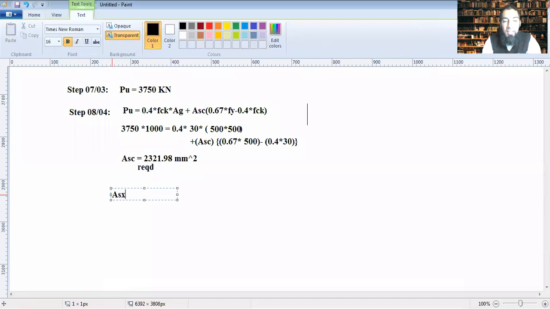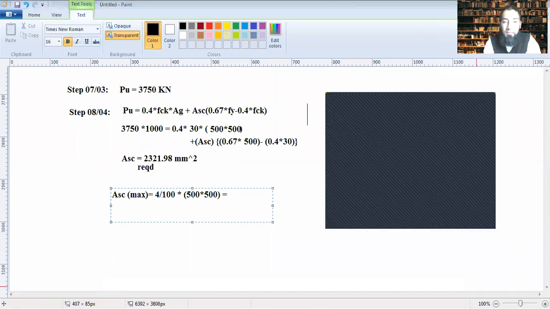What is your ASC maximum? Now that's also going to change because it depends upon the cross-sectional area, and it will increase once you increase the cross-sectional area. That will be 4% of 500 by 500.